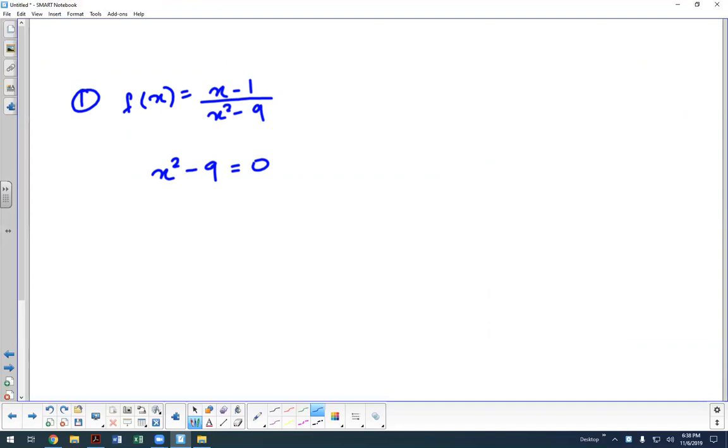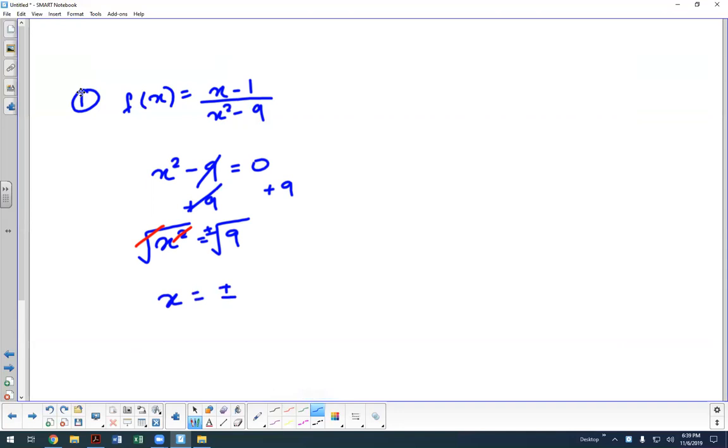What can we do? Yeah, you can go ahead and add 9 to both sides. You can try factoring if you like. Both of those will work. After we add 9, take a square root. That gives us 1 positive, 1 negative root, and that will give us plus or minus 3.